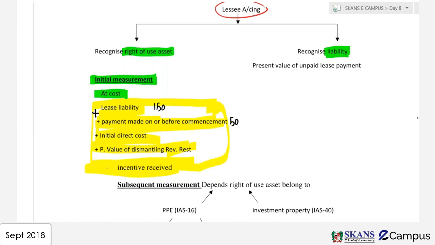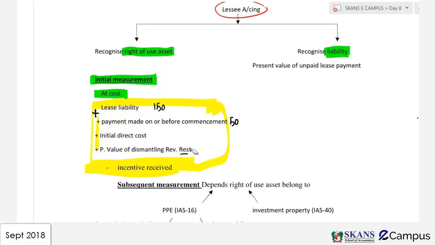If you have some initial direct cost on negotiation of lease contracts, guys, then you are going to add that initial direct cost as well. Then we have a concept called dismantling, removing, restoration. In IFRS 16, you are going to add the present value of dismantling, removing, and restoration cost as well.